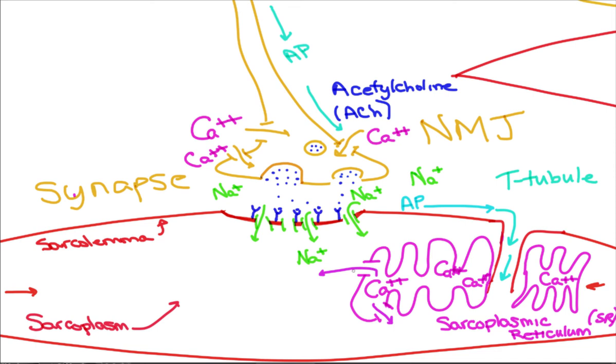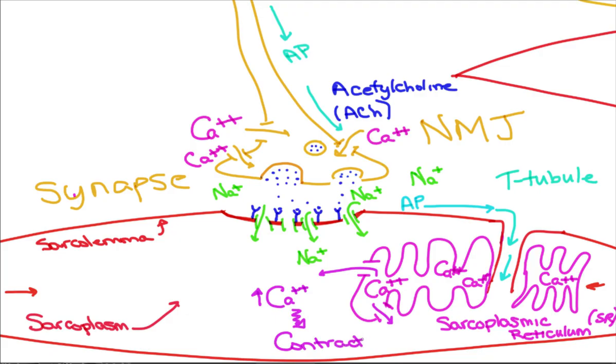So calcium is going to go down its gradient from its level of high concentration in the SR to a level of low concentration in the sarcoplasm. And as calcium enters the sarcoplasm and the concentration starts to increase, that is what's going to trigger muscle contraction.